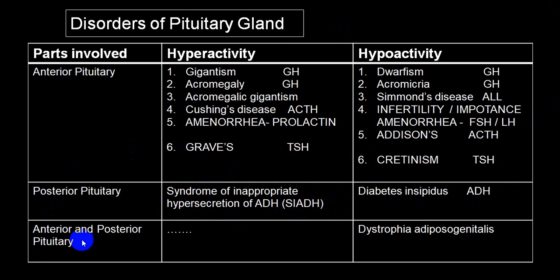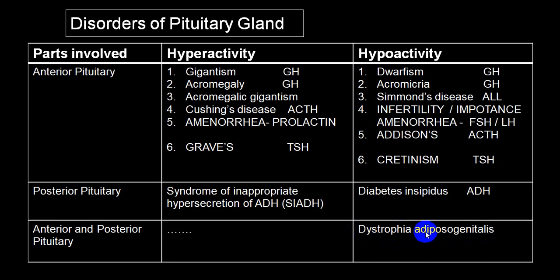While both together, anterior and posterior pituitary, if there is decreased production because of destruction of the anterior as well as posterior pituitary together, sometimes a lot of different hormones are affected. It will produce obesity and hypogonadism, and there is a dystrophia.